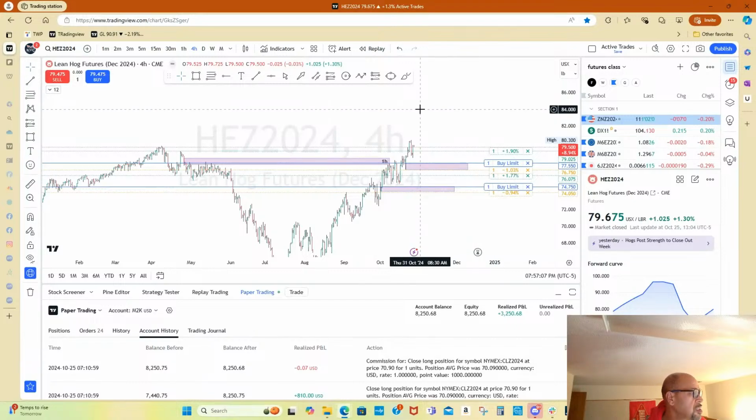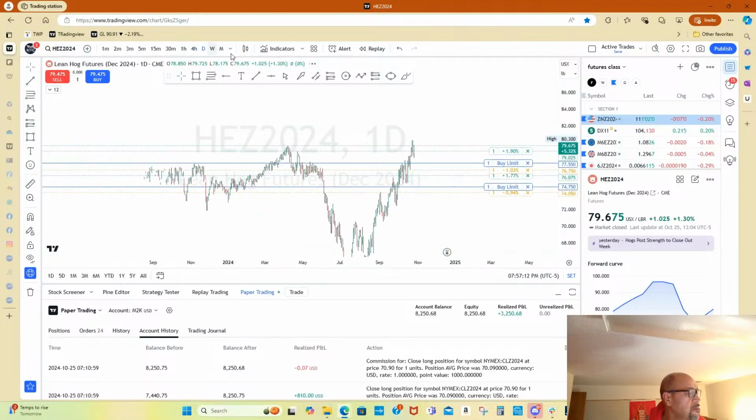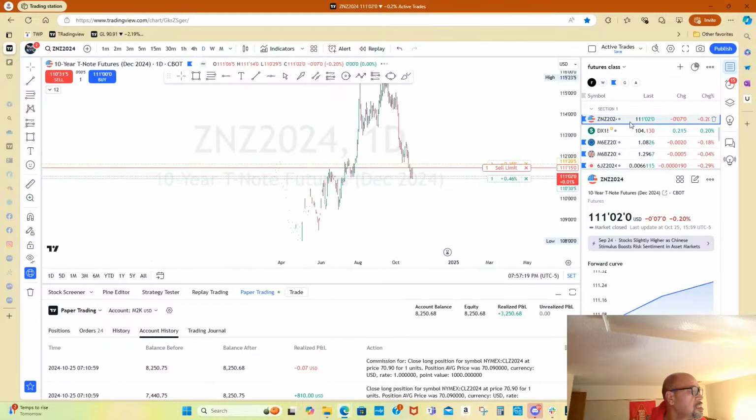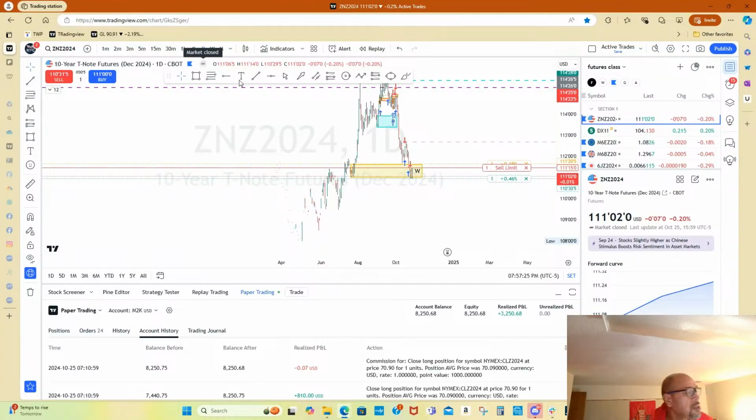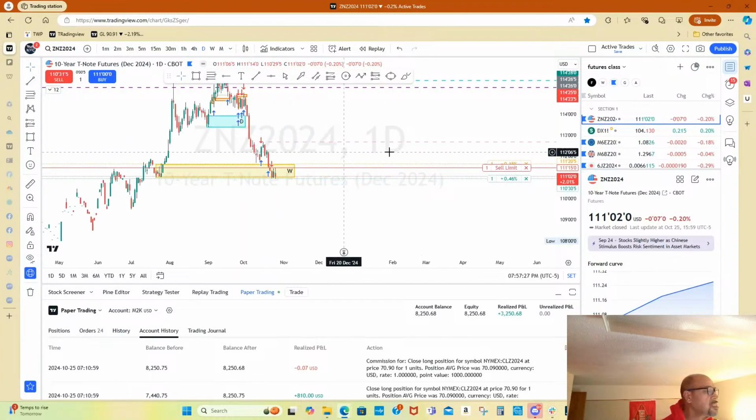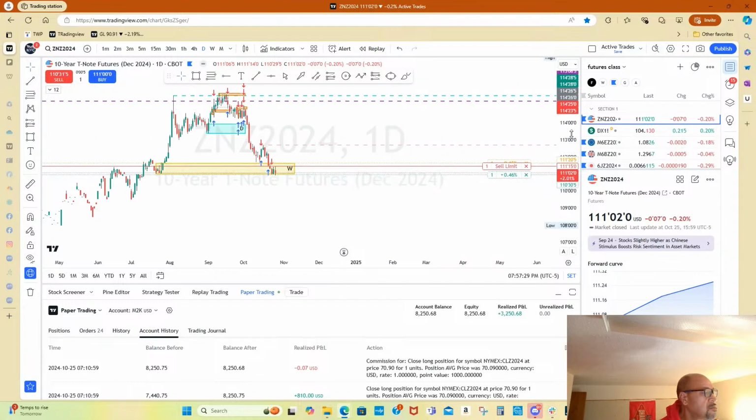But I also want to get a look ahead and clean things up a little bit, because this is a December deal. That's just the market being closed, if that's showing.